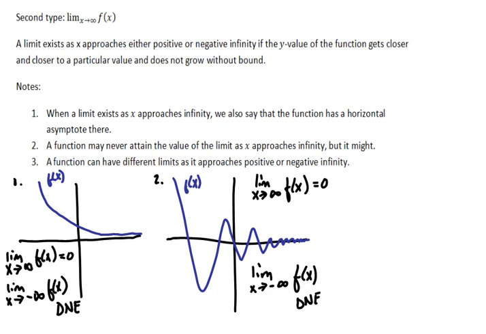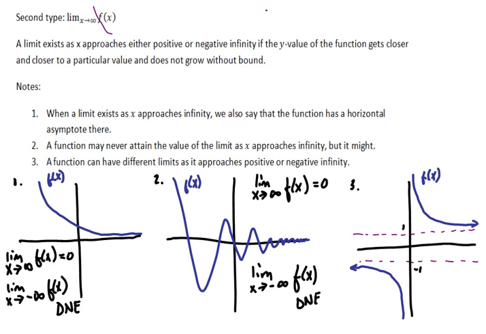And third point, a function can have different limits as it approaches positive or negative infinity. So as in part 3 here, in the third diagram, we have this function: as x approaches positive infinity, the limit is positive 1, but as it approaches negative infinity, the limit is negative 1.